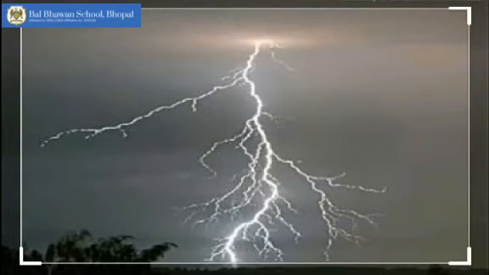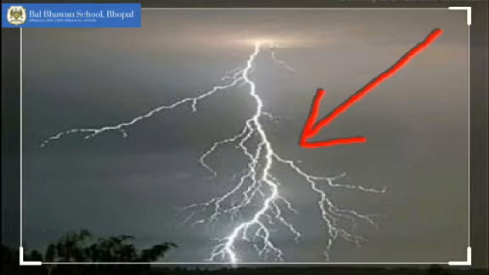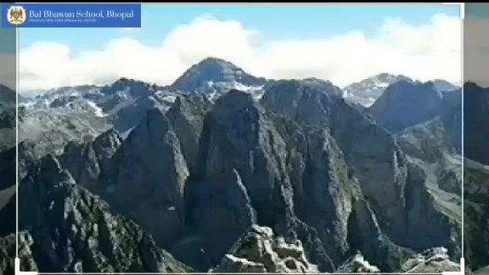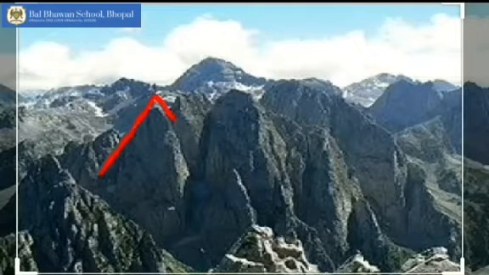Here is another example of zigzag line, that is lightning. Children, this mountain range shows us another example of zigzag line.